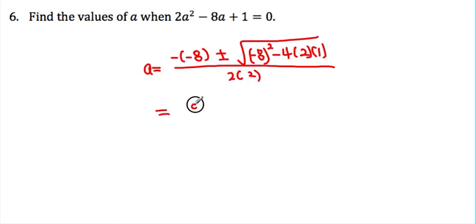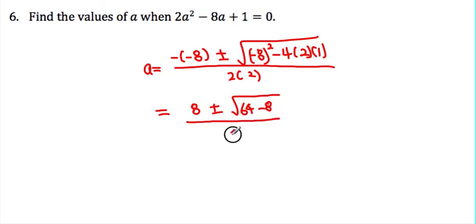Then here we're going to have 8 plus or minus, this becomes 64, and that becomes minus 8 over 4. Then let us simplify this one a bit further.